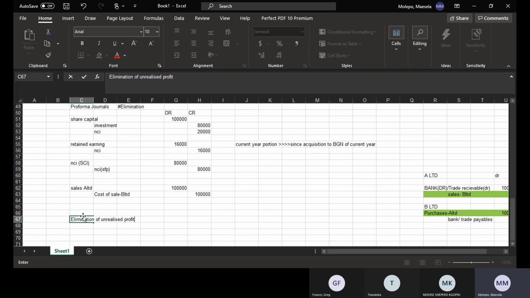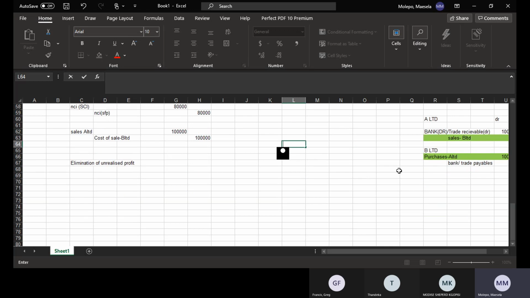The purchase of all its inventory from A Limited is at cost plus 25%, and the inventory in B Limited's financial records amounts to 20,000 on 1 January. So, the inventory of B Limited.